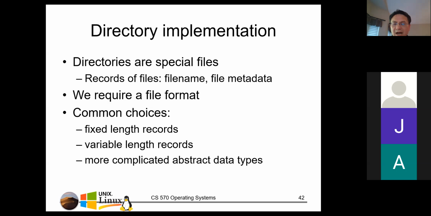So how do they get stored in the directory entry? Let's look at a few schemes for how all this file information is stored and maintained in the directory entry. There are basically three common choices. We'll mostly just talk about the first two choices here: fixed length records and variable length records.